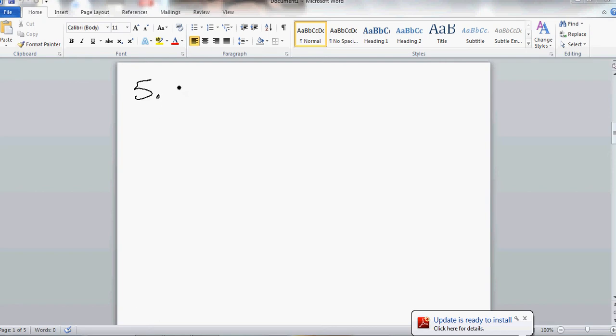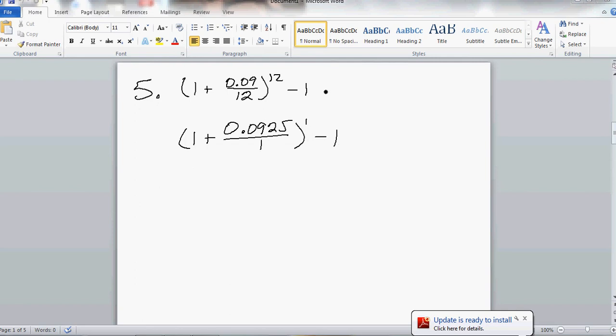So we have 9% compounded monthly, and we have 9.25% compounded annually, so that's only 1. And let's see which one is bigger.